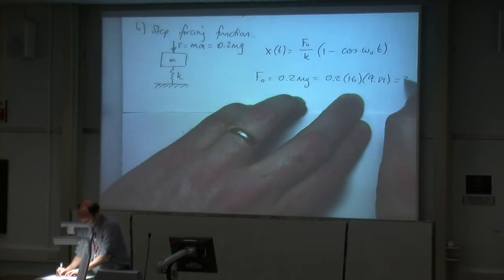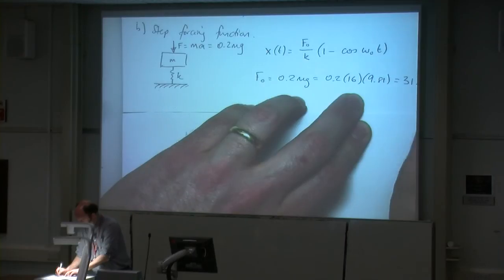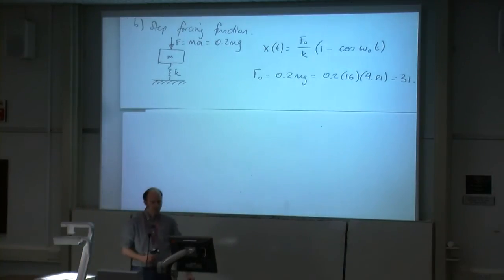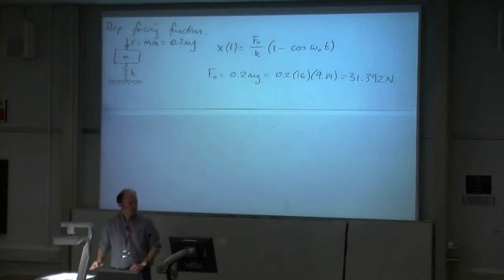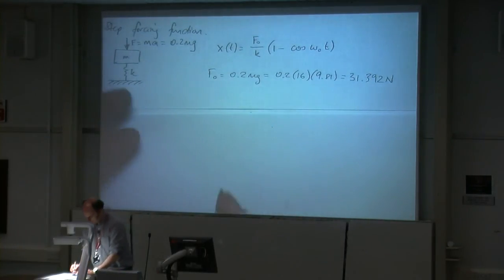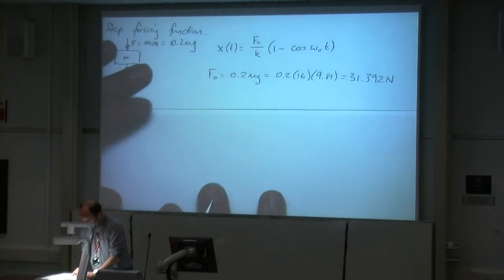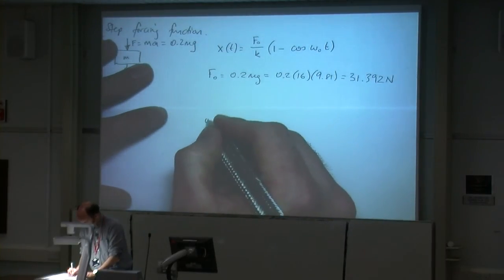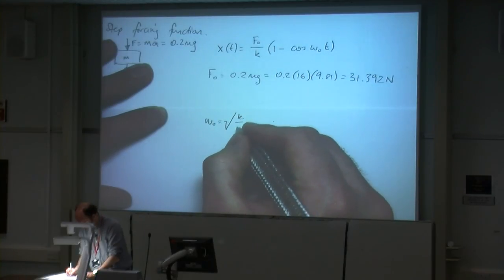This comes out to be 31.392 newtons. And omega naught, which is the other thing we need to sort out, is root k upon m.